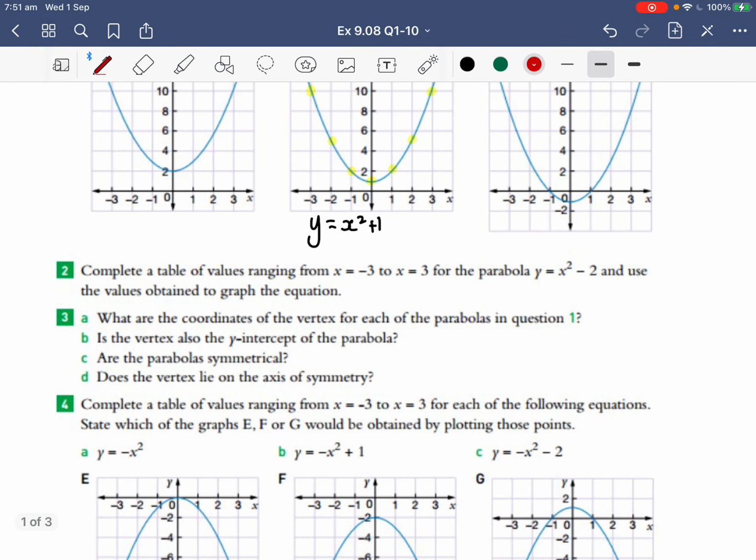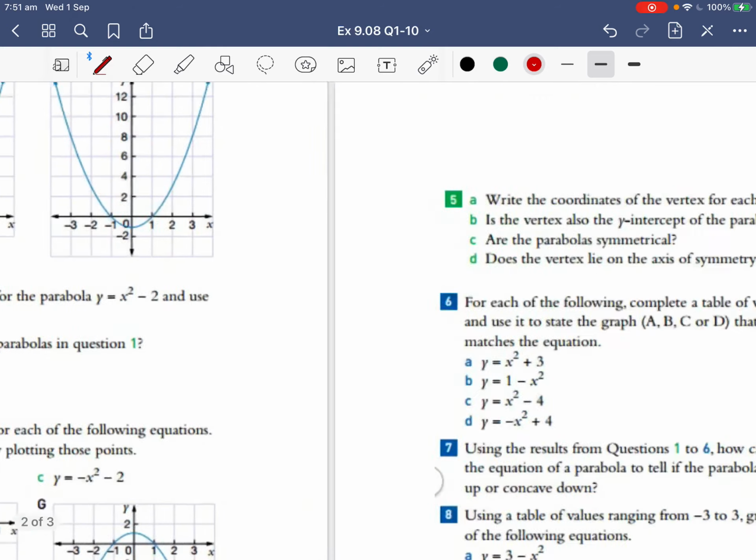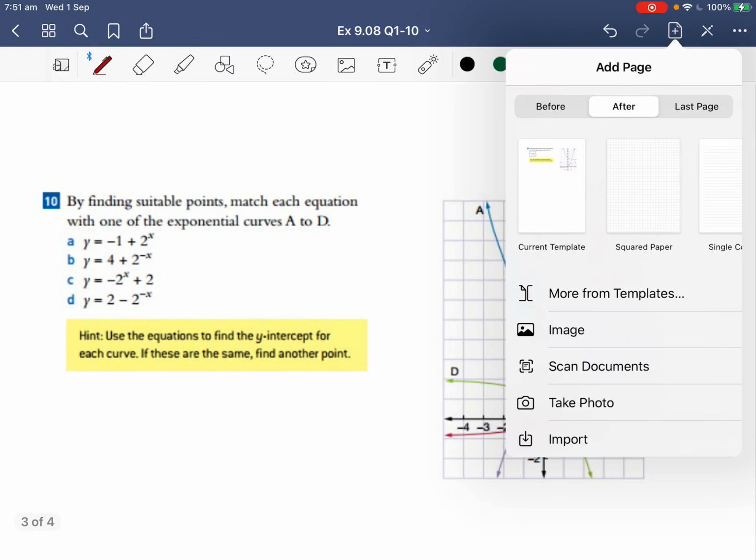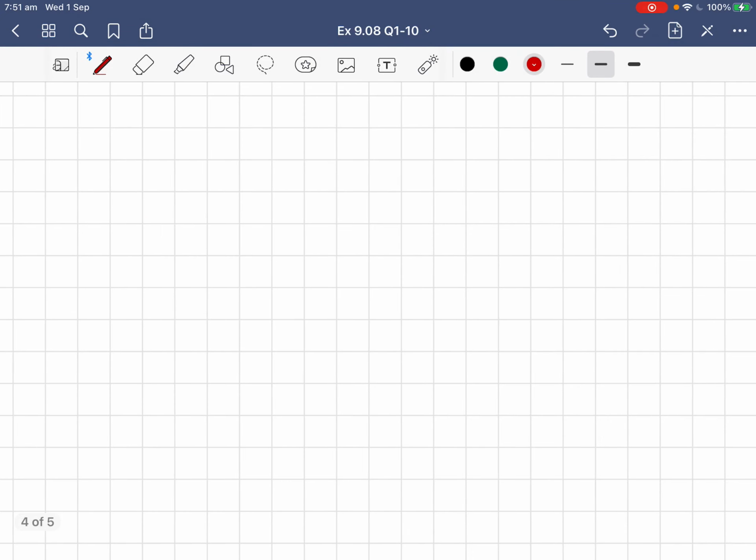Okay, question 2. We want to complete a table of values ranging from x equals minus 3 to x equals 3 for the parabola y equals x squared minus 2, and use the values obtained to graph the equation. I'm going to add a page. This is exercise 908, question 2, and we want to draw a table.